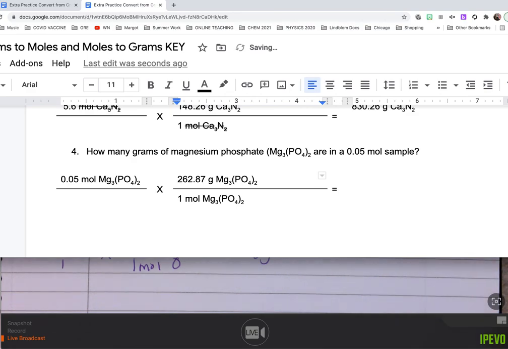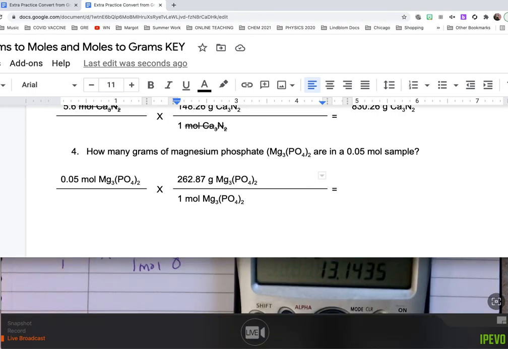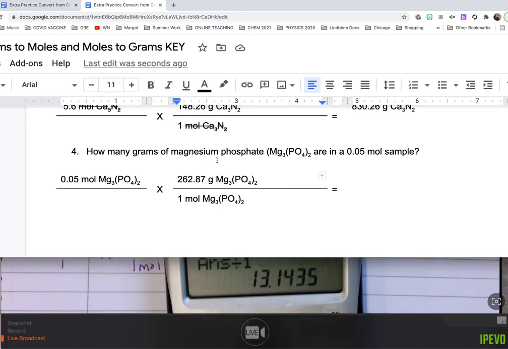And then to solve this, I just multiply across and then divide down. So 0.05 times 262.87 equals, and then divide that by 1, and I end up getting 13.1435. So I'm going to round that to 13.14.